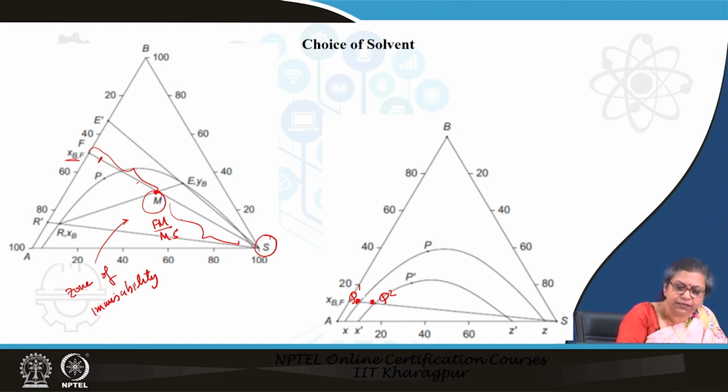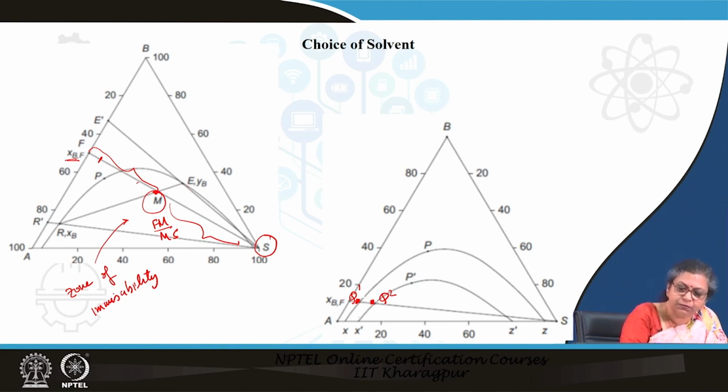Once we have added solvent and it is at this particular M point, it lies within the zone of immiscibility. So, it separates into two liquids, the raffinate phase and the extract phase.